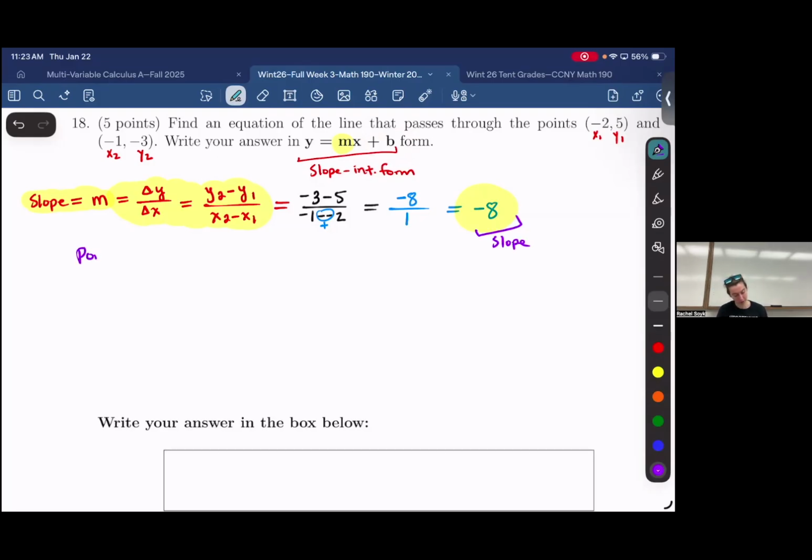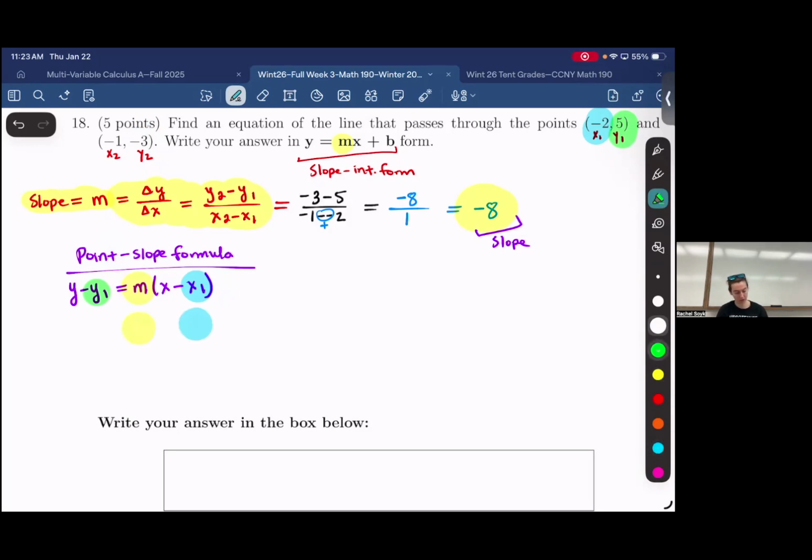So our point slope form, y minus y1 is equal to m in parentheses x minus x1. Our y1 is our 5 here, but you can really use any point. You could have used the -3. And then our x1 is -2. And then our slope is -8.